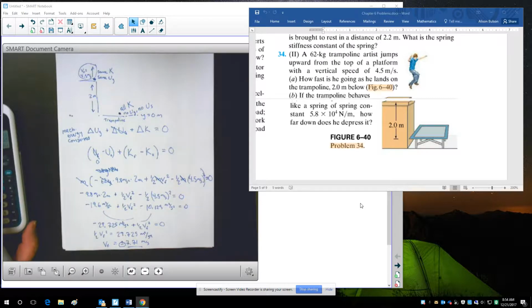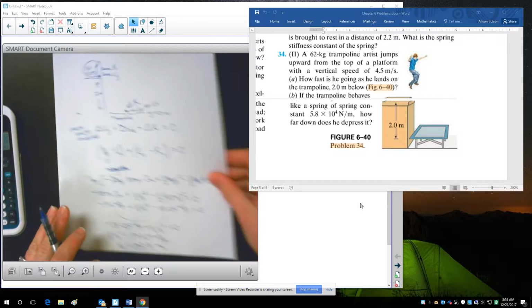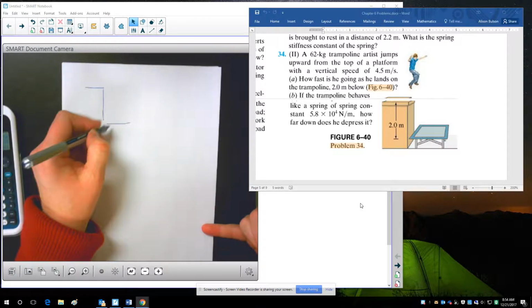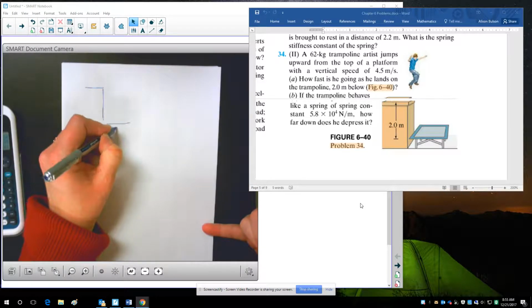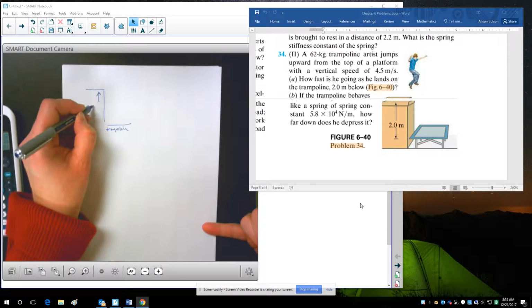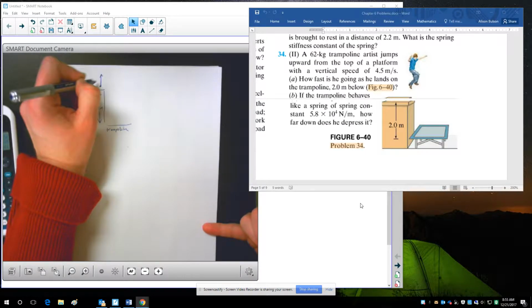Part B says if the trampoline behaves like a spring of spring constant 5.8 times 10 to the 4th newtons per meter, how far down does he depress it? So now I'm going to redraw my diagram here, since my page has gotten a bit messy. And note what I know, 2 meters. This is V 4.5.